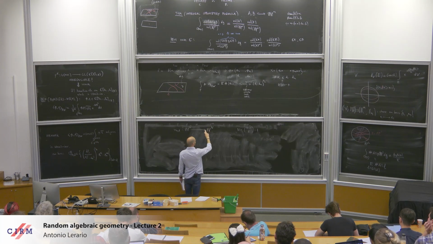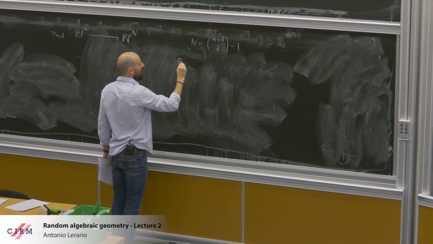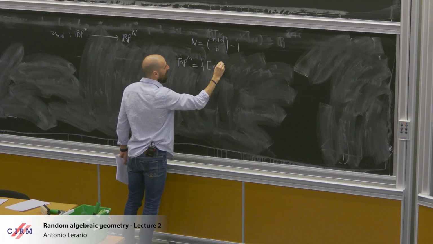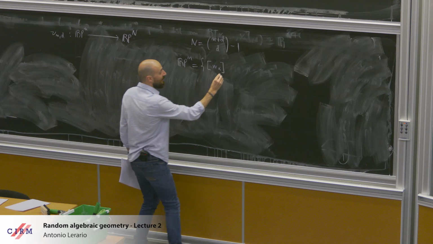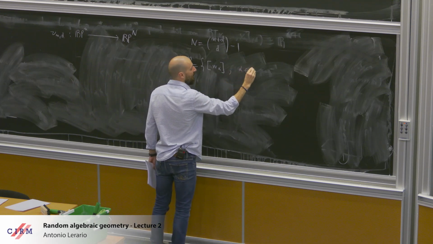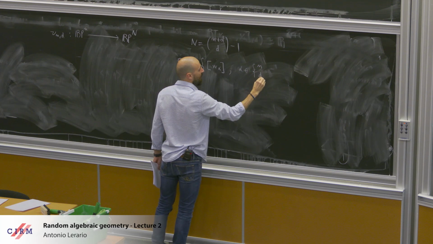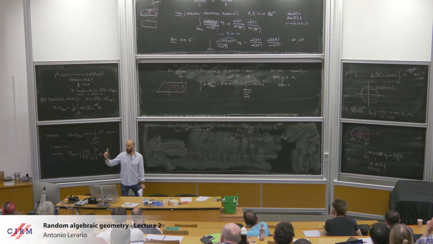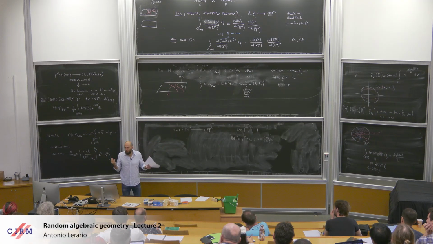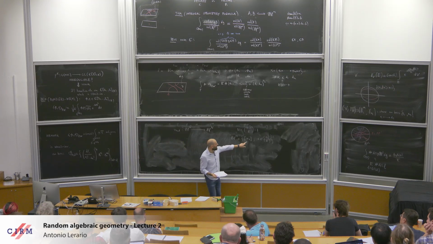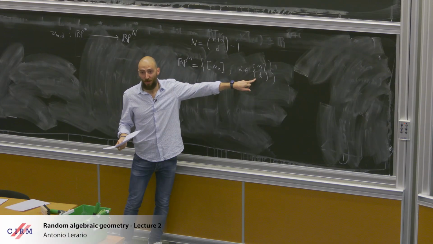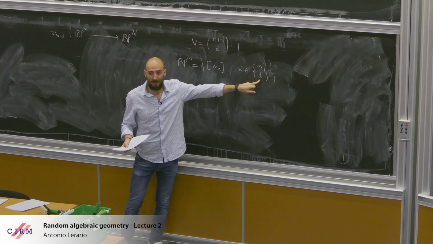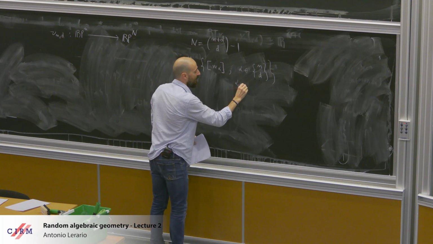In this RP^N, I have a natural way of labeling the coordinates using multi-indices. We usually label homogeneous coordinates in projective space x0 up to xn, but you don't have to do it this way. I'm just labeling now according to the dimension of the space of polynomials: all possible choices of multi-indices out of n elements with total sum d. Just a way of labeling.